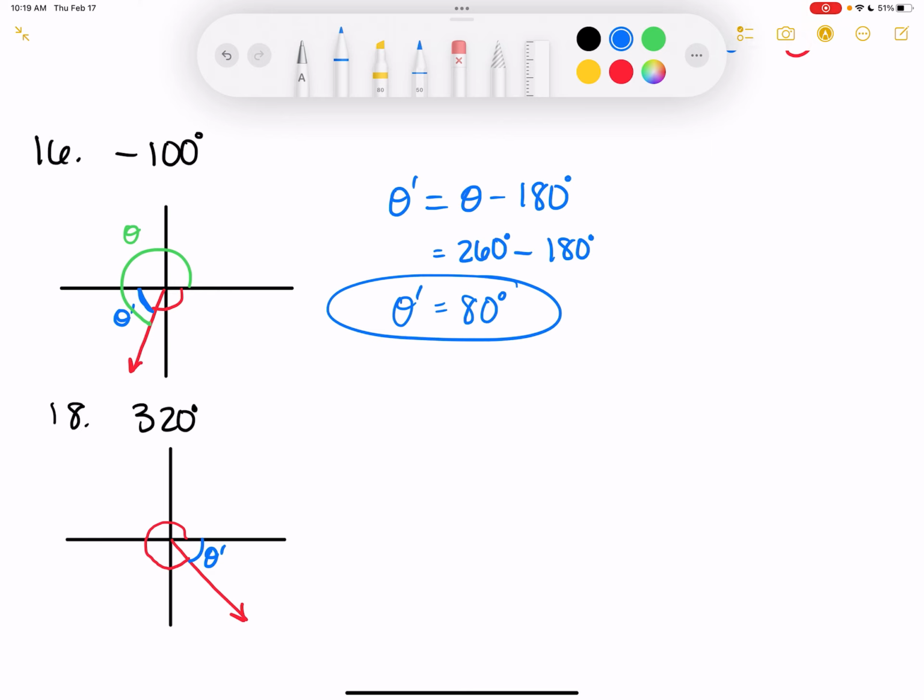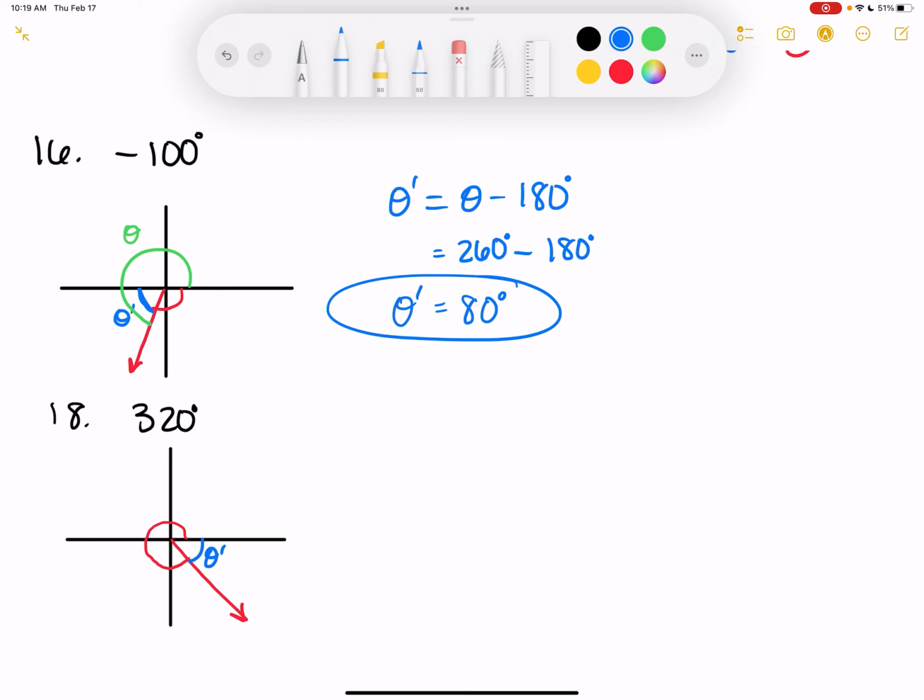Theta minus 360. I have 360 minus theta. Okay, that's what it should be. If I had it written as theta minus 360, that was my bad. Switch it. It should be 360 minus theta.